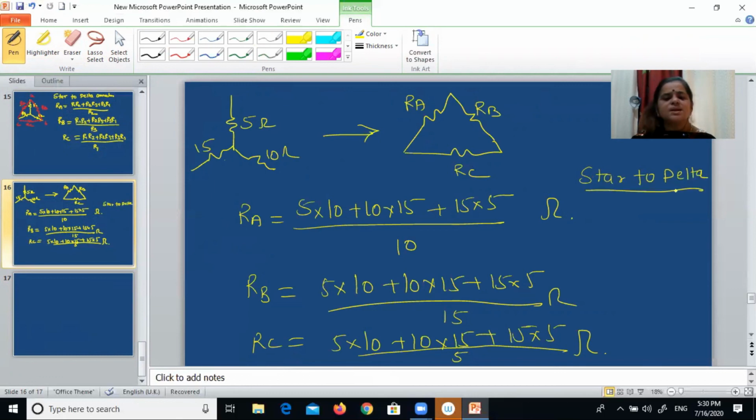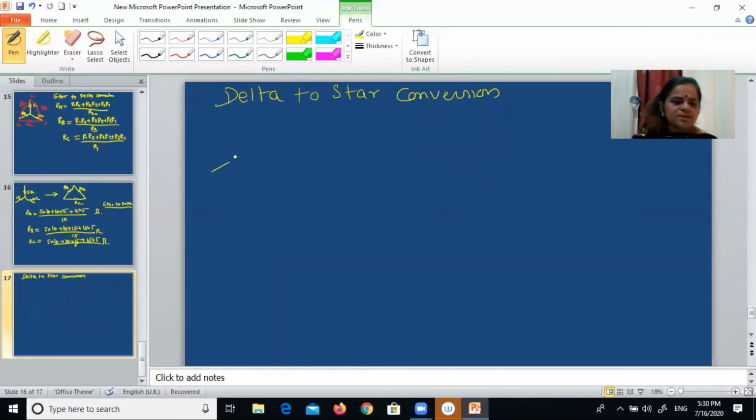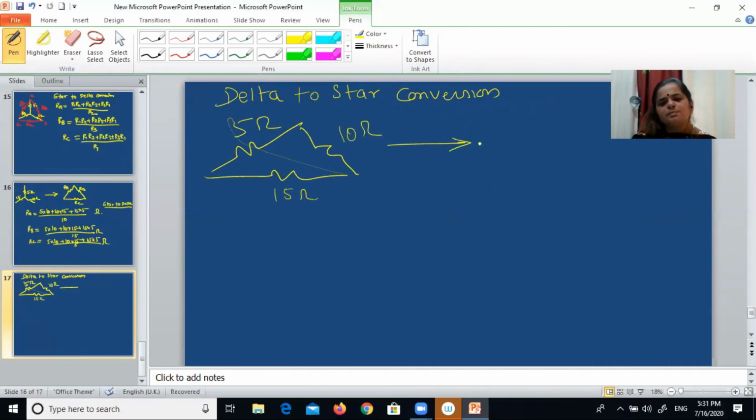Now similarly, a delta to star conversion numerical can be like, suppose the delta resistances are given. Suppose this is 5 ohm, this is 10 ohm and this is 15 ohm, and you are supposed to convert and determine its equivalent star R1, R2, R3.